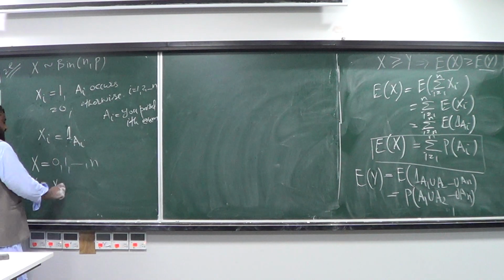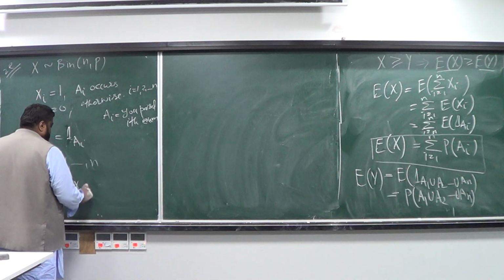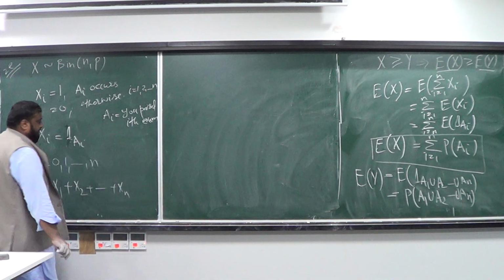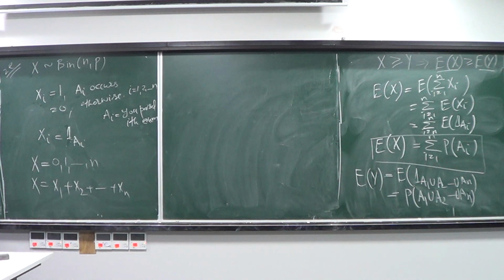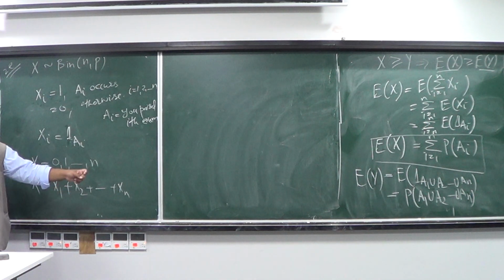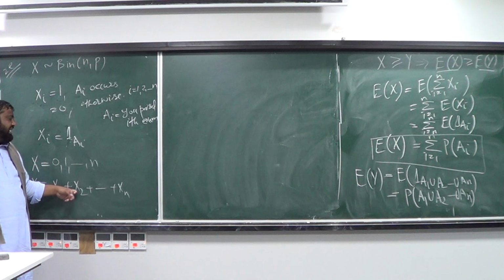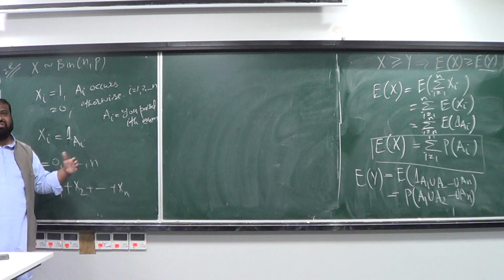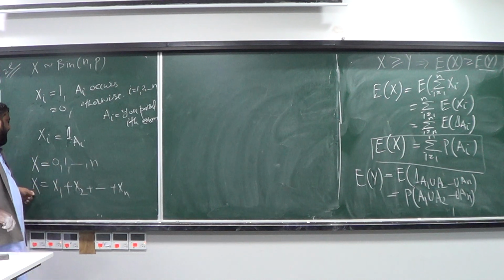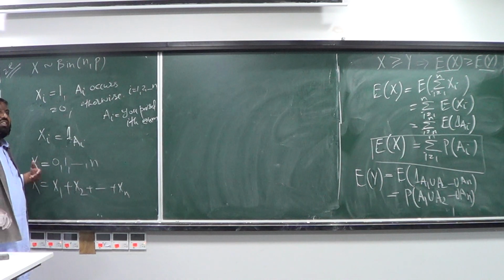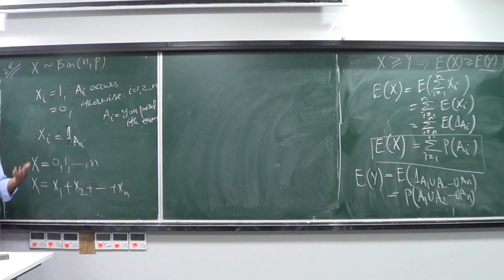So you can write x as x1 plus x2 plus up to xn. By doing this, what I am saying is that every binomial random variable is basically the sum of n Bernoulli random variables. If x2 means that you passed or failed the second exam, and so on, then x is really the sum of these, the number of exams that you passed.